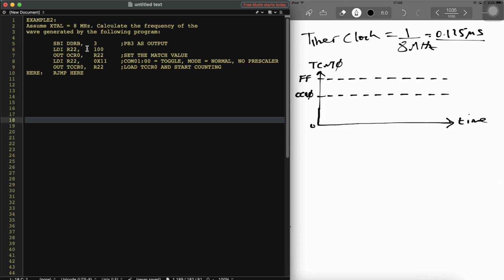Now, how is that going to count? Starting from 0, it will go up to there, and from there to FF, because this is in normal mode. It's going to change in FF and then down, then another match at OCR0, and then FF, and then down. Maybe we can extend this a little bit more.